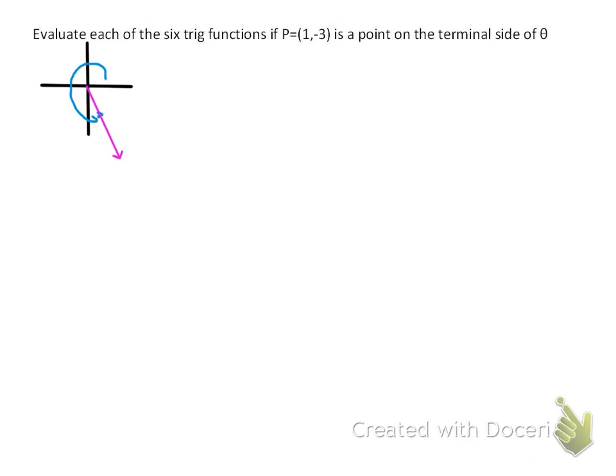We have some angle that's between 270 and 360 degrees. Okay? So we still have this point here at 1, -3. So the first thing we need to do is find our radius. So how do we find our radius? Good. X squared plus y squared square rooted.